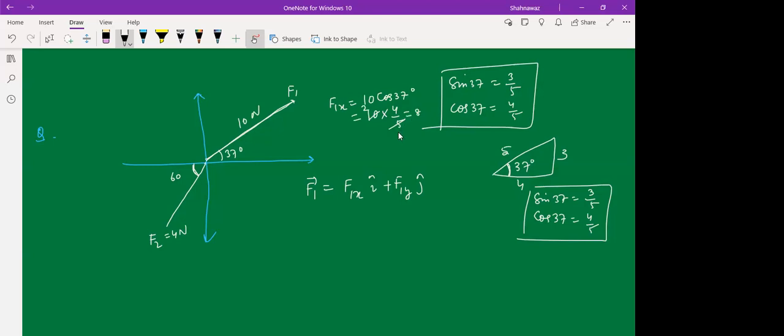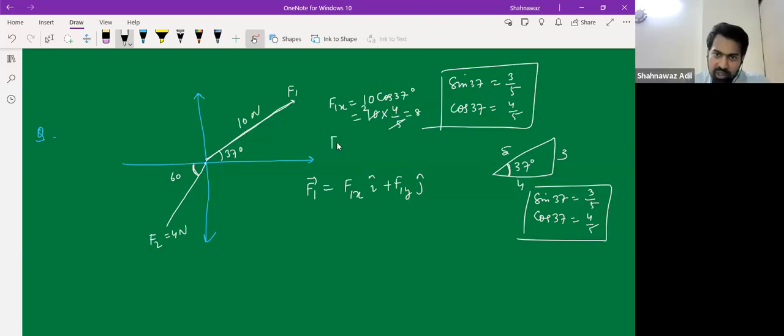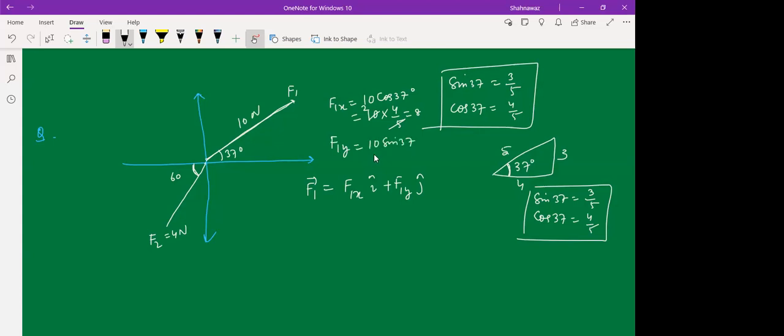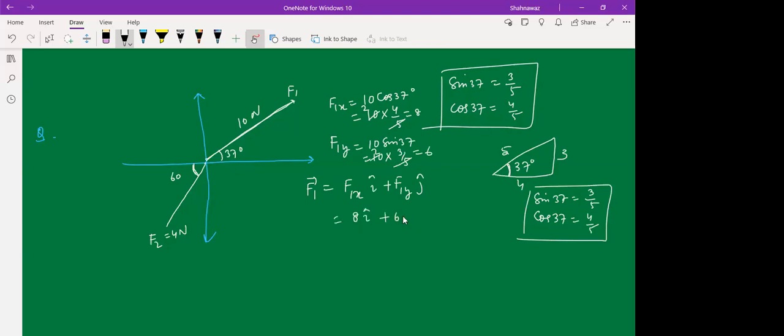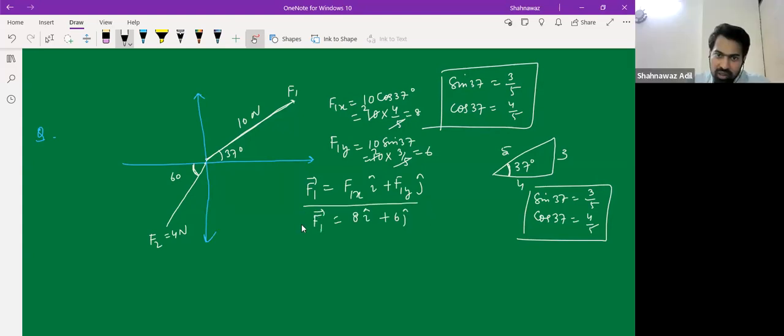And what would be f1y? This would be 10 sine 37, right? So 10 into 3 by 5, so this is 6. So what would be the vector? 8i plus 6j. So then we can find f1. And you tell me what would be f2.